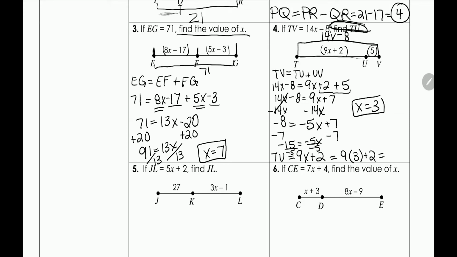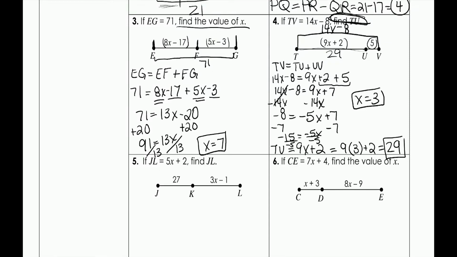And then if you just type that in your calculator, you're going to get 29. So from T to U is 29. And that's what we're looking for in that problem. So solve for x, put everything in where it needs to go, solve for x, and then plug the x value into whatever you're trying to look for.